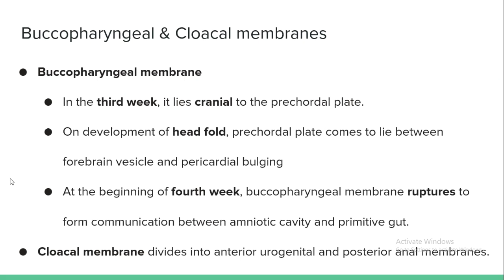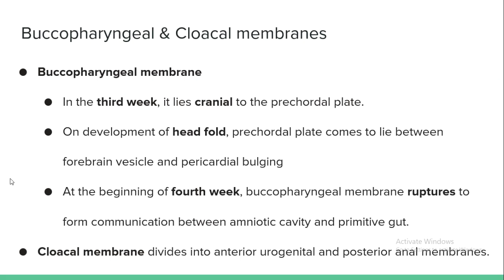At the beginning of the fourth week, the buccopharyngeal membrane ruptures to form communication between the amniotic cavity and the primitive gut, whereas the cloacal membrane divides into the anterior urogenital and the posterior anal membrane.